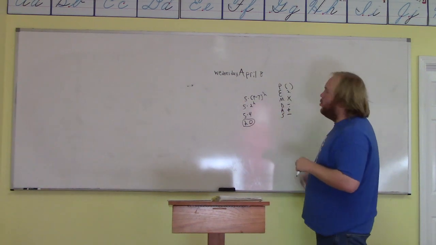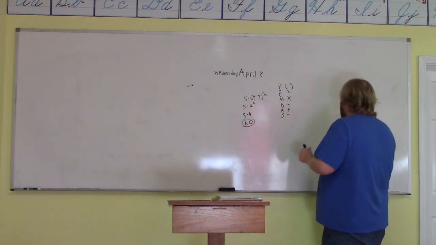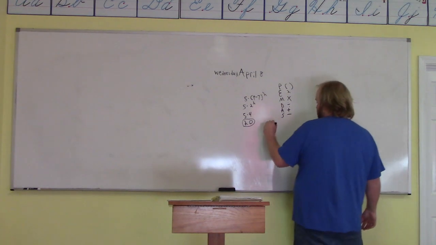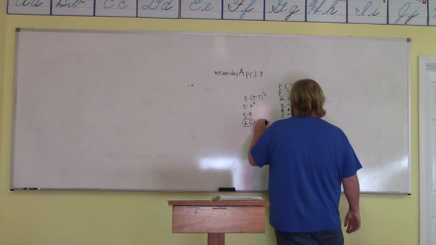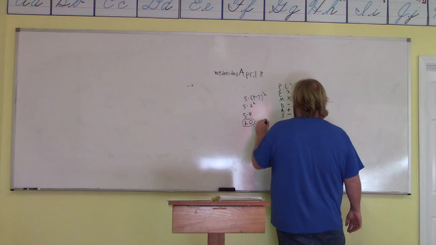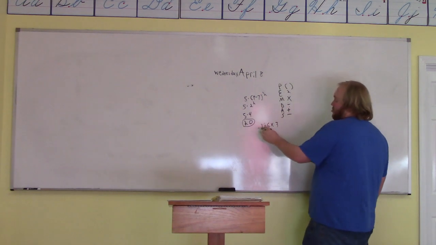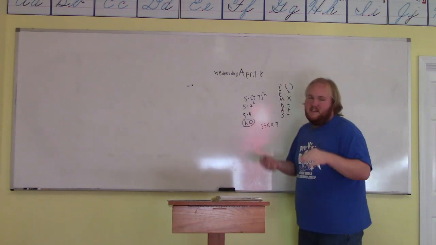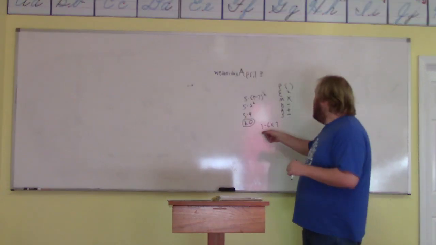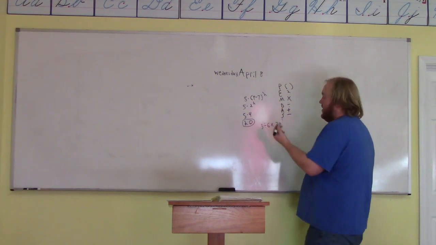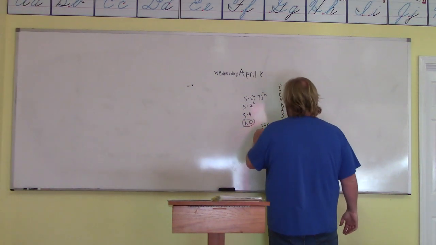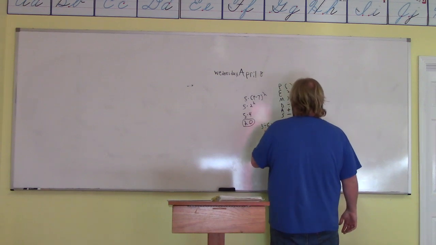You always do in this order, except, for instance, if you had 3 divided by 6 times 3, you go left to right. As long as you just have a division and multiplication, it's left to right. So this would be like 1/2 times 3, which would be 1 and 1/2.